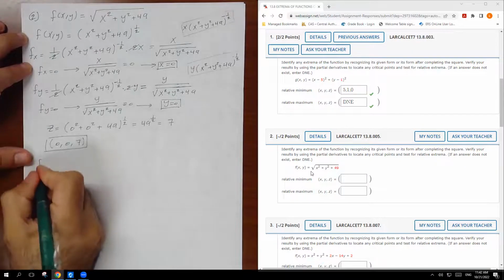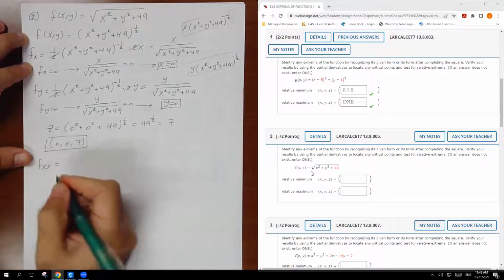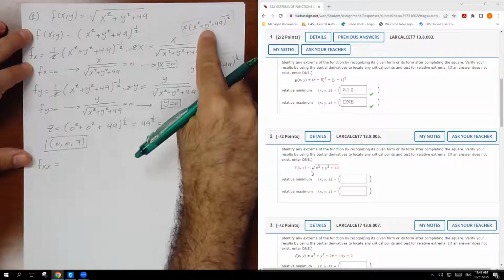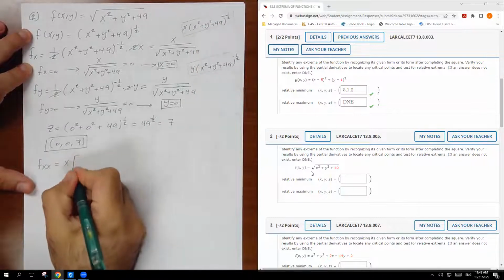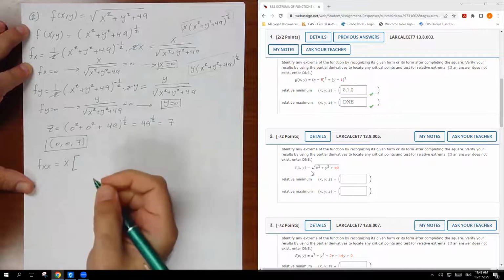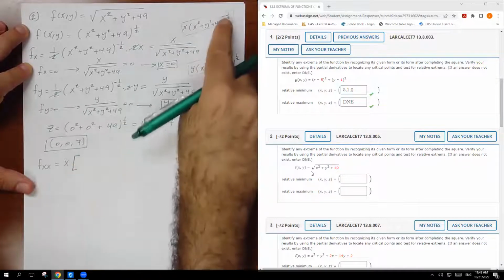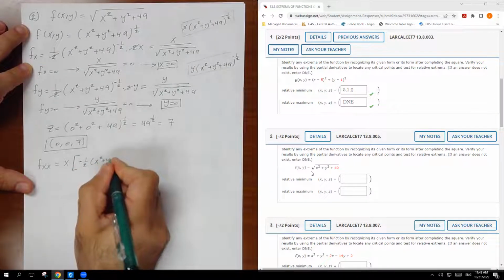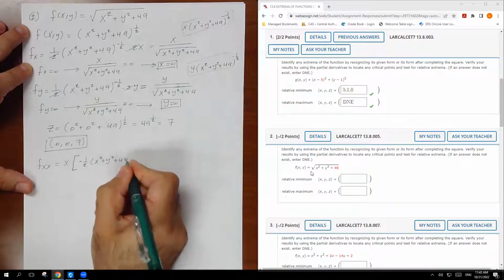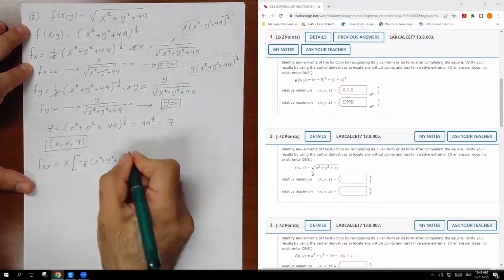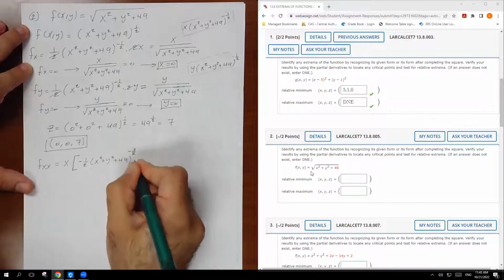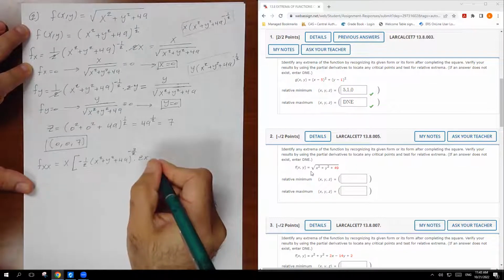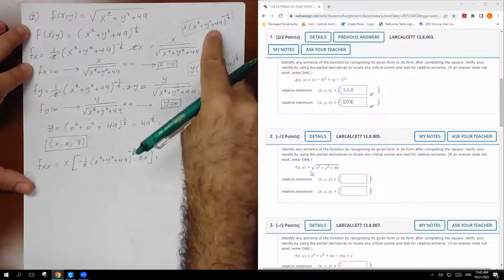Now, f sub xx, the second derivative with respect to x, that means this one. So it's going to be x times the derivative of the second one, which is negative half (x squared plus y squared plus 49) to the power negative half minus 1, negative 3 over 2, times the derivative of the inside, which is 2x, plus the second one times the derivative of the first one.